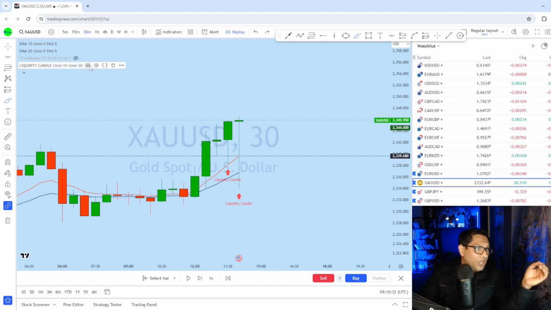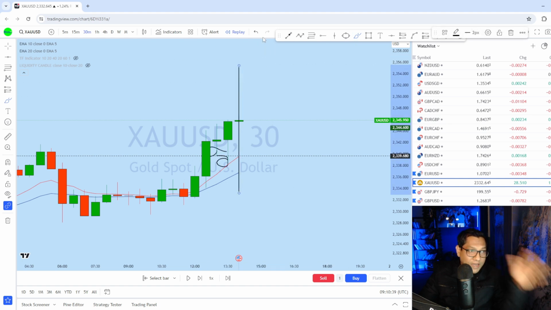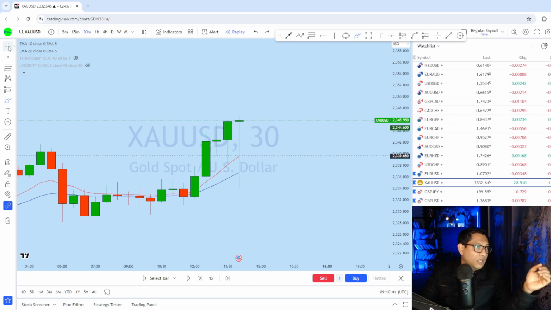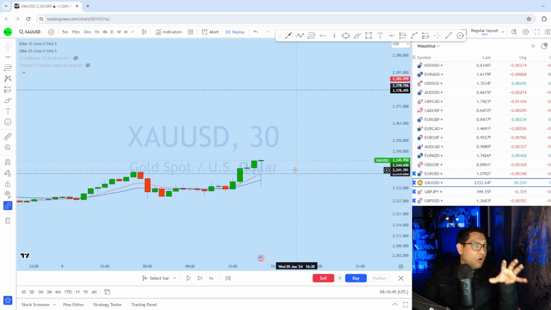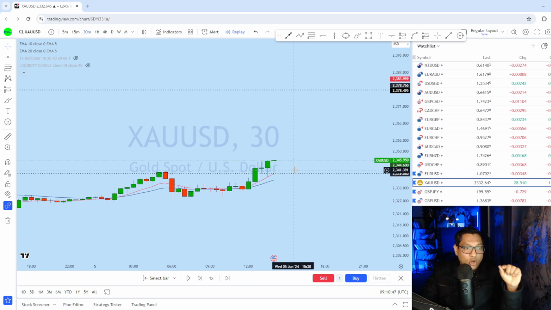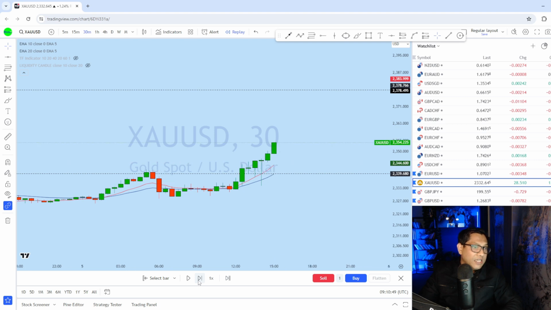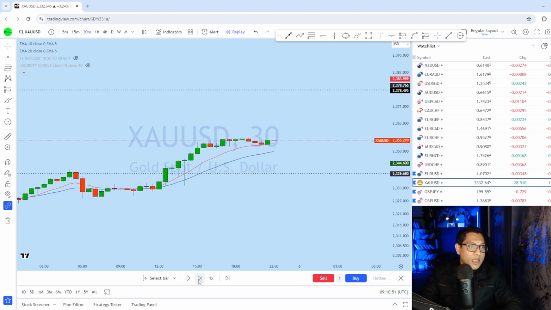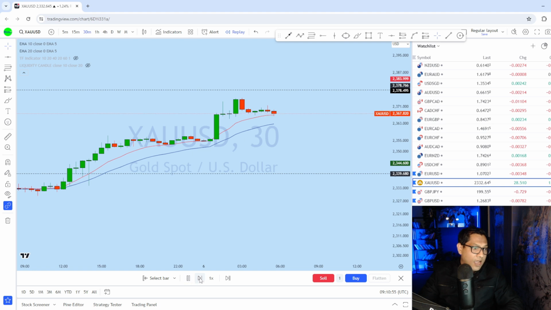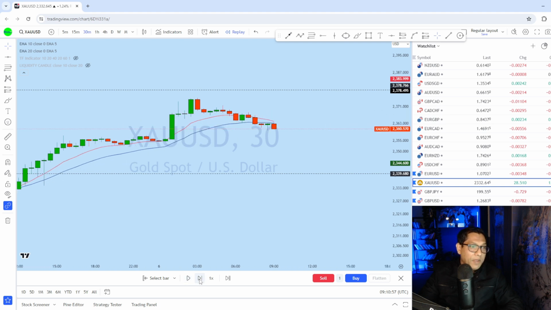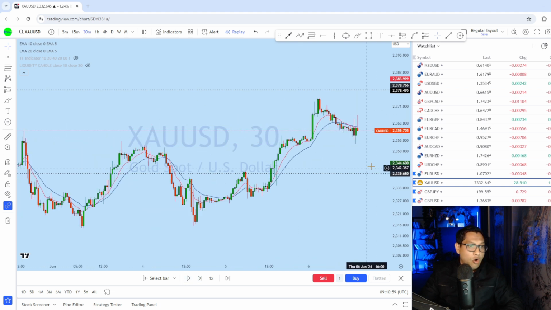Now what we have seen, after multiple rejections, finally the price managed to break to the upside with this long massive doji in that area on gold. Now with this doji formation, the price didn't look back and it started to move up, created a new higher high in the major direction of the trend.